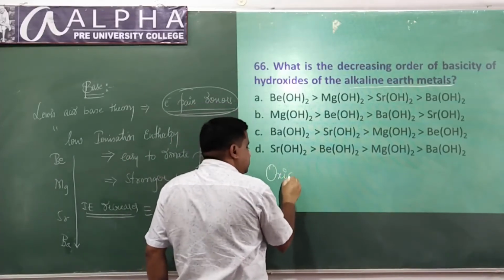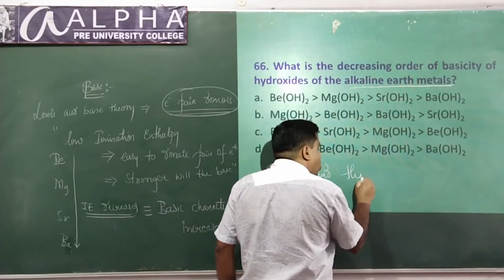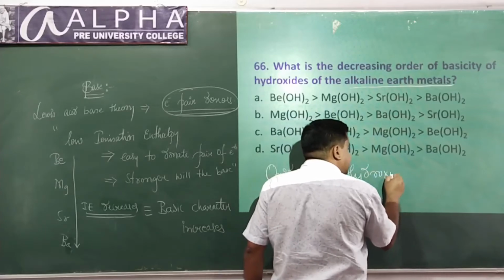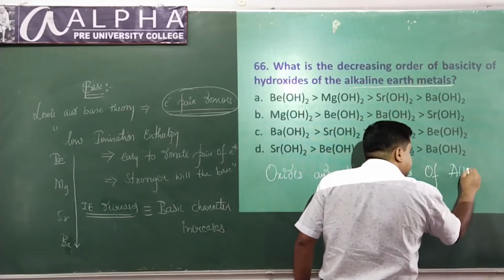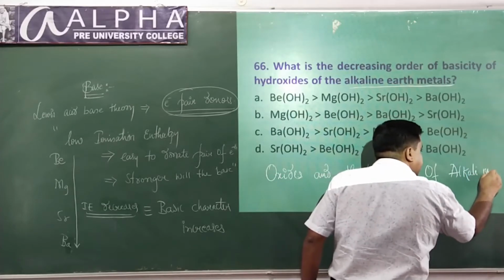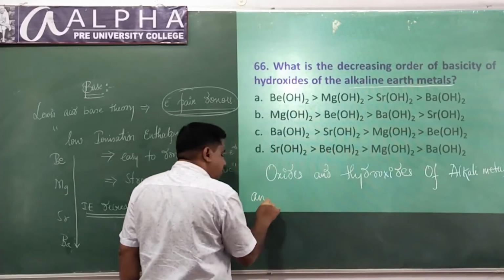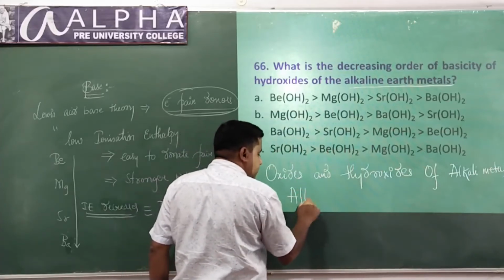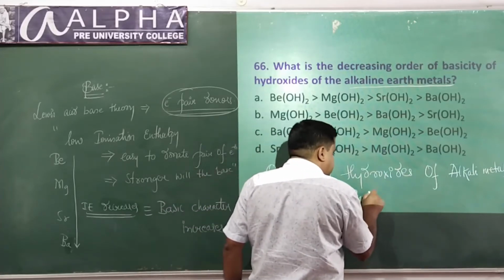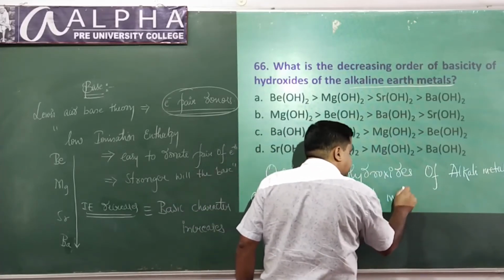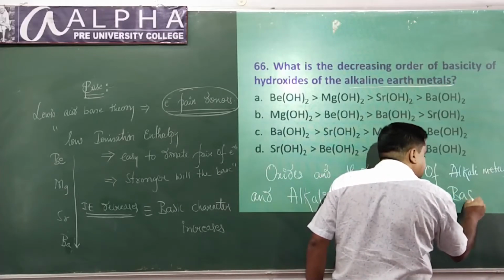Oxides and hydroxides of alkali metals and alkaline earth metals are basic in nature.